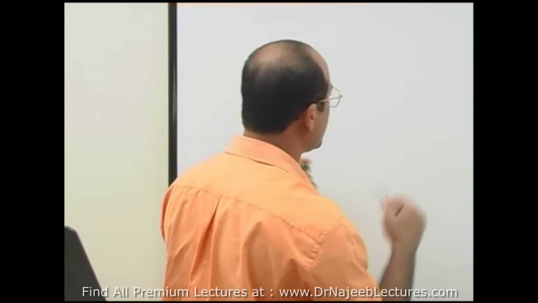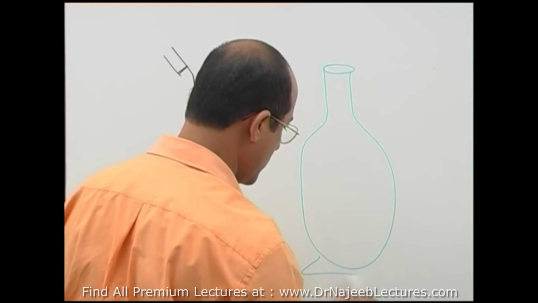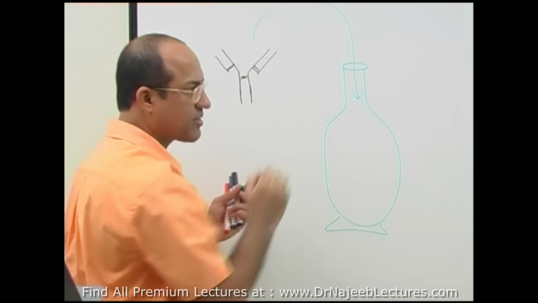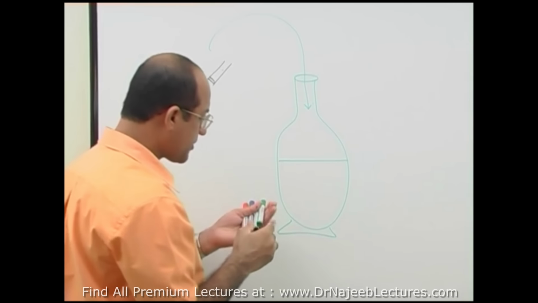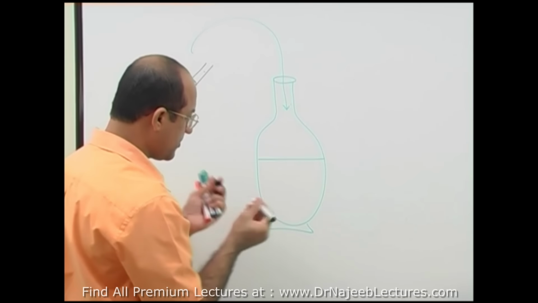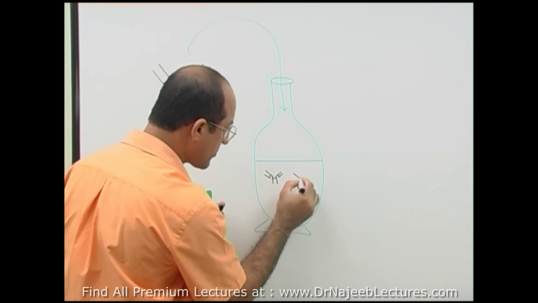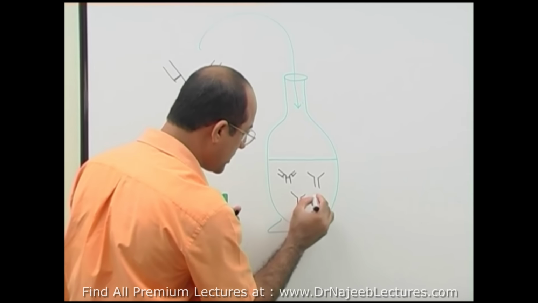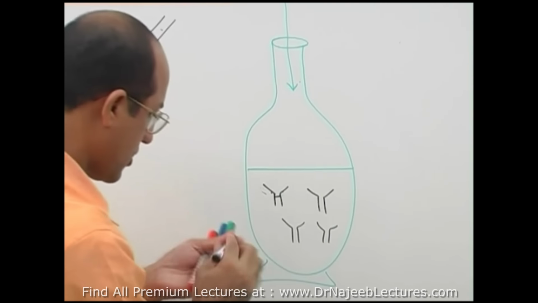They put these molecules in a flask, right? They put the antibody molecules in a flask, in this container. I will make the light chains a different color so that you can appreciate the diagram better.